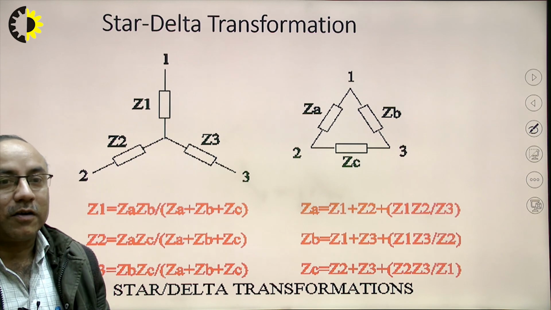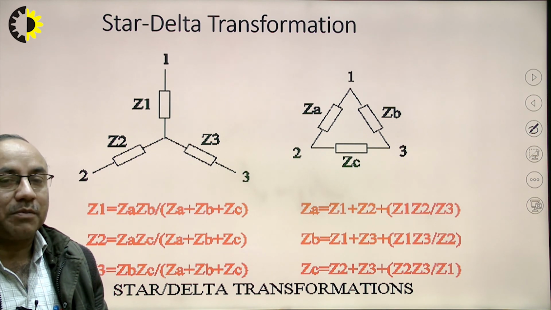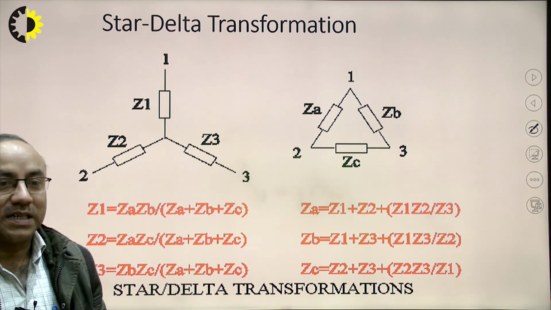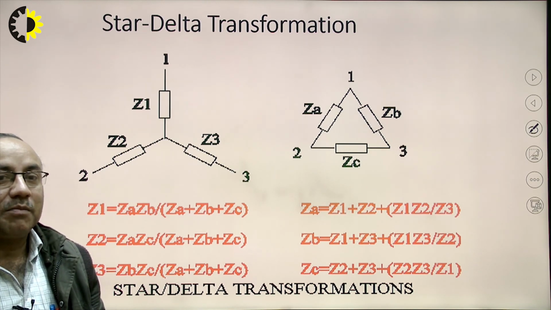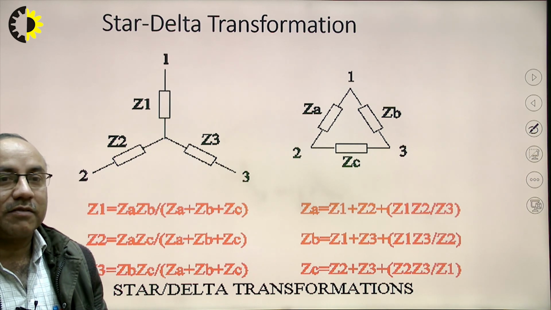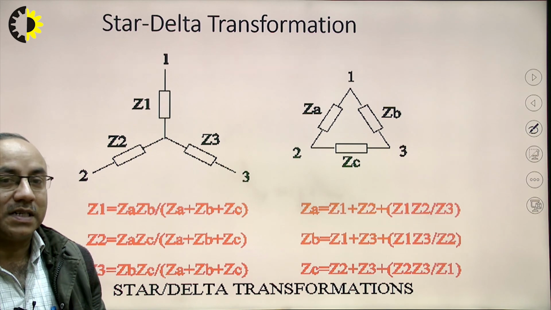So, if we convert delta to star or star to delta, what will be the relation and how can we obtain it? All this is given in this formula: Z1 is equal to ZA into ZB upon ZA plus ZB plus ZC. Similarly, for Z2 it is ZA into ZC upon ZA plus ZB plus ZC, and Z3 equal to ZB into ZC upon ZA plus ZB plus ZC.